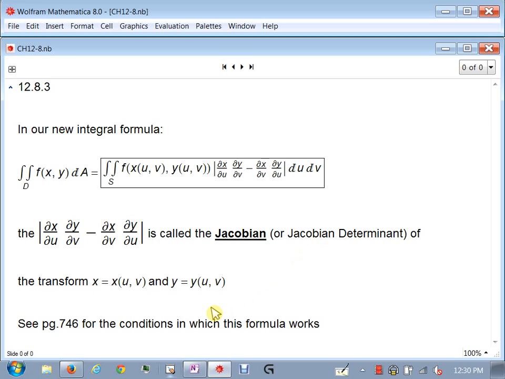Now, there are some restrictions. You can't just do an arbitrary change of variable out of the blue and be guaranteed it's going to work. There are some restrictions on what that transformation can be.